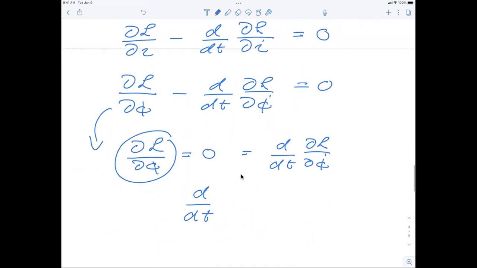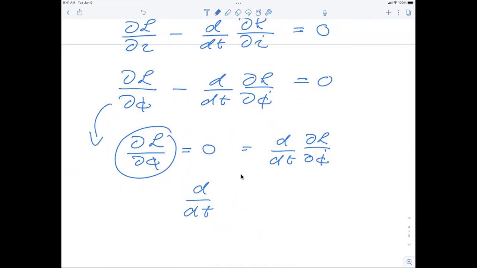So we are going to get the following expression: mu times r squared times phi dot.